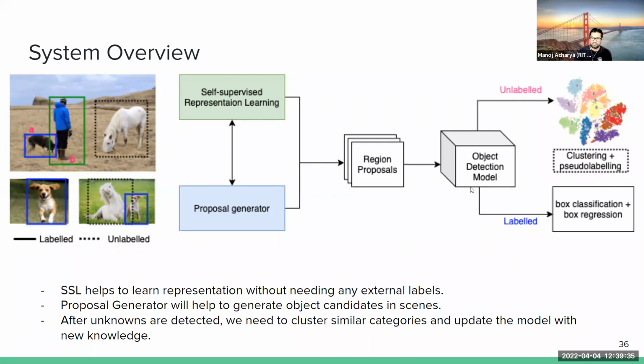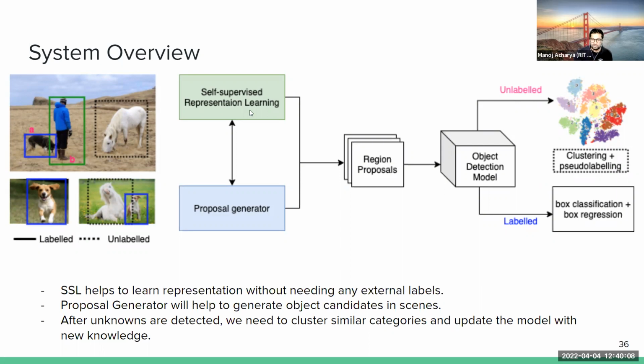We want to have some of these components here, such as self-supervised learning and a universal proposal generator. What does this mean? A self-supervised model helps to learn representations without needing any external labels. Remember, in open world learning, it's infeasible to label everything, so we want a model that can learn from the data itself rather than constantly being provided feedback externally.